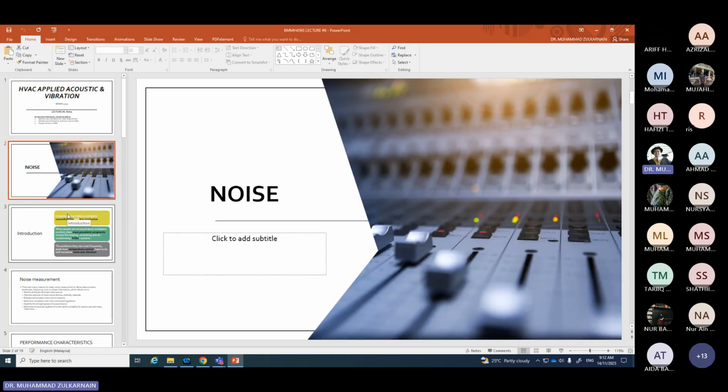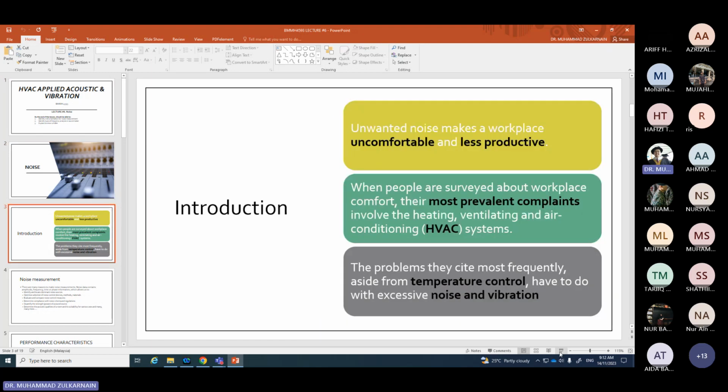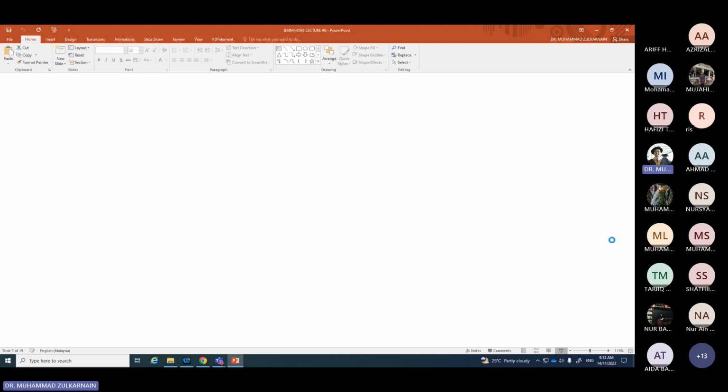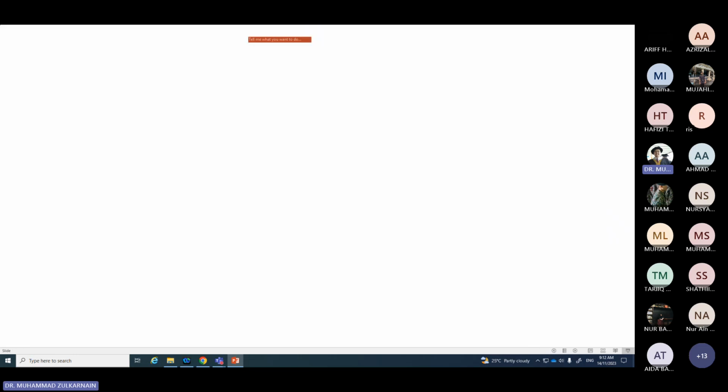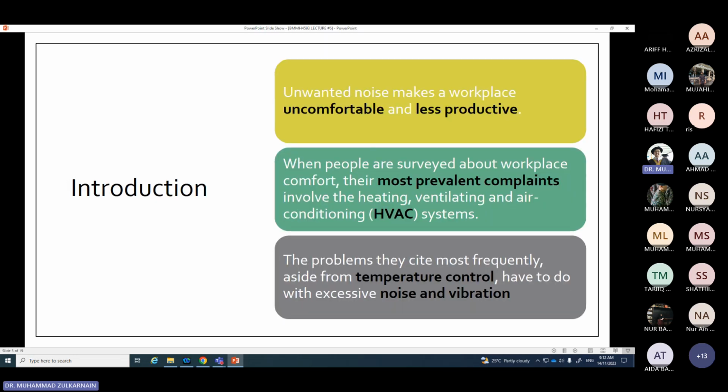Okay, about noise. In the HVAC system, they will create mechanical work, and also vibration from the air itself, to the duct system. Maybe they have several parts there in the duct system until the diffuser.